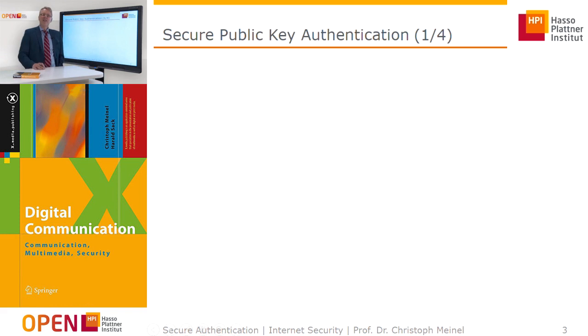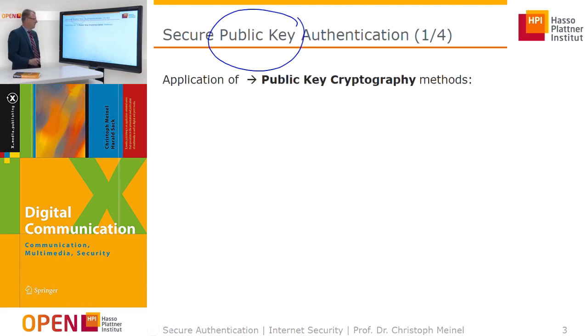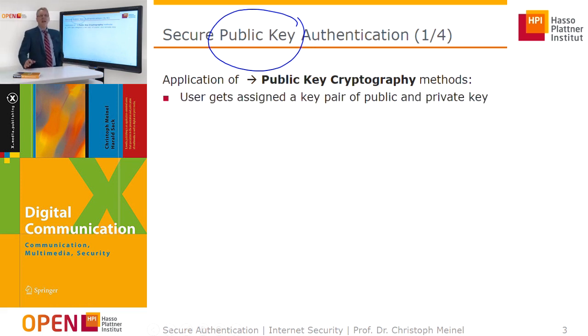An even more secure and more convenient way for authentication is authentication by means of public key cryptography, by means of public keys. The application of public key cryptography methods is the following. The user is assigned not one key, but a key pair.